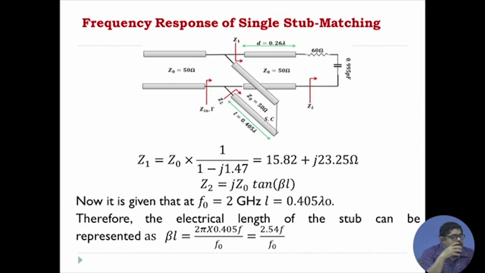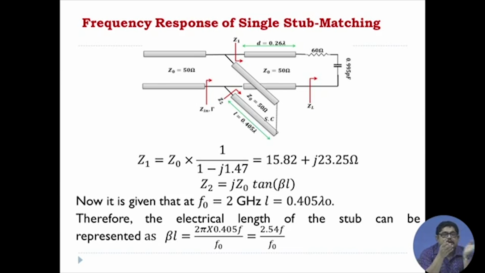So Z1 is given. Now Z2, the stub part, is a shorted transmission line. Its impedance is j Z naught tan beta L, where L is the stub length. Let us say the design has been carried out at a certain frequency, so we have a particular lambda that we call lambda naught.